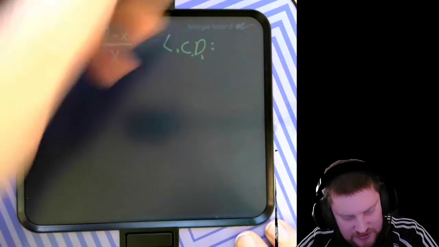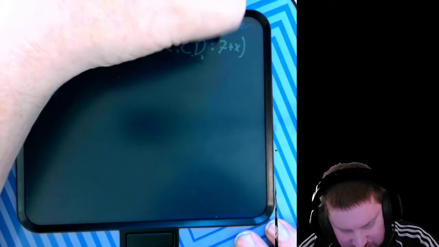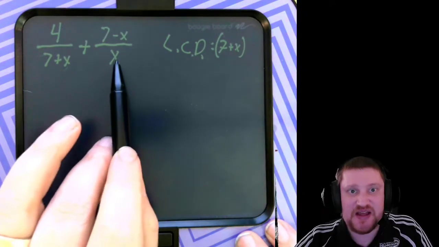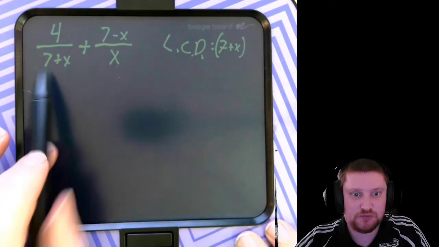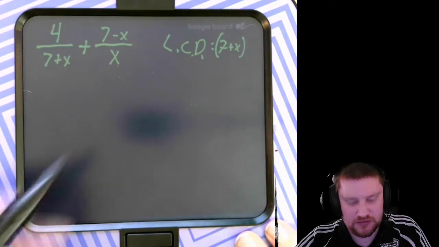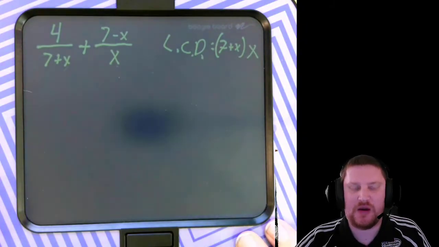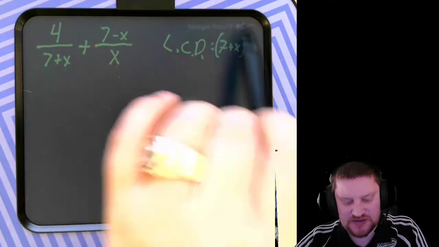That is one of my terms. So 7 plus x has to be in my denominator. Here I have x. Is that the same as 7 plus x? Pretty clearly not. So that also has to be in my denominator. That was step 1. I have found the least common denominator.